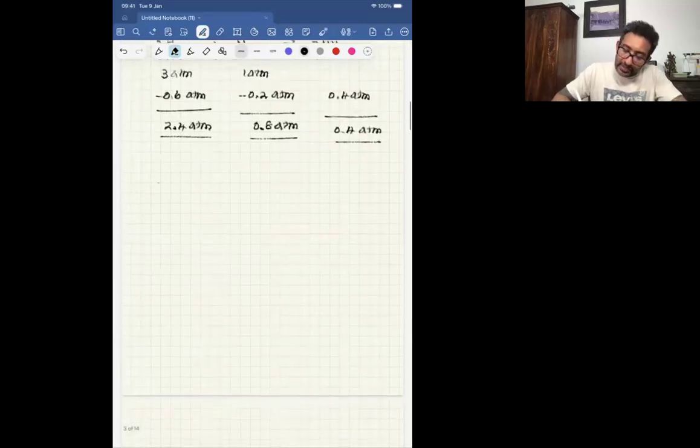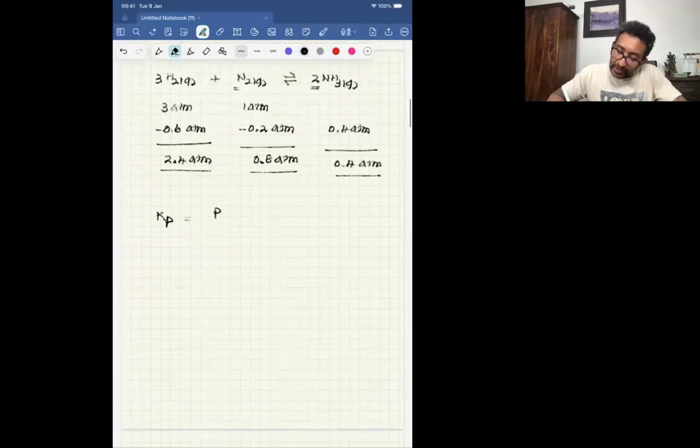Okay, so what is Kp? Kp is equal to partial pressure of ammonia squared divided by partial pressure of hydrogen to the power 3 times partial pressure of nitrogen.